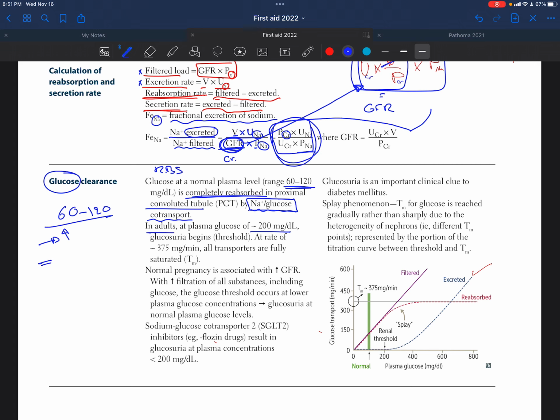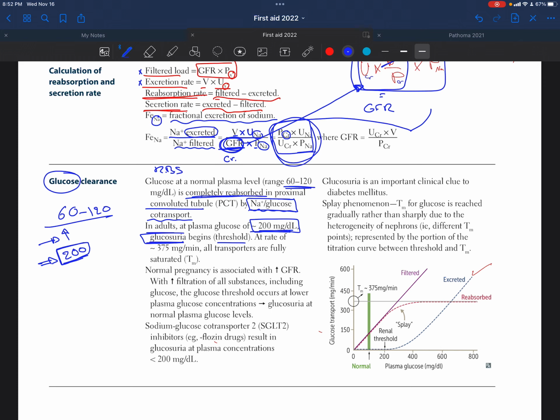So now what we see in the blood is a plasma glucose level of nearly 200. And that means now we are going to start to see glucose in the urine, glucosuria. So that's the threshold. At 200 of glucose concentration within the blood, that's when we start to see some glucose being excreted in the urine.